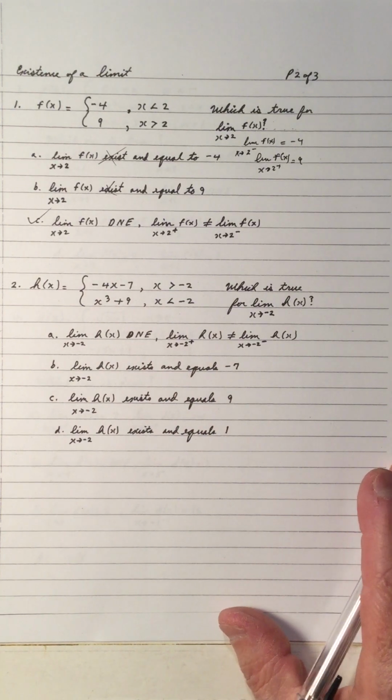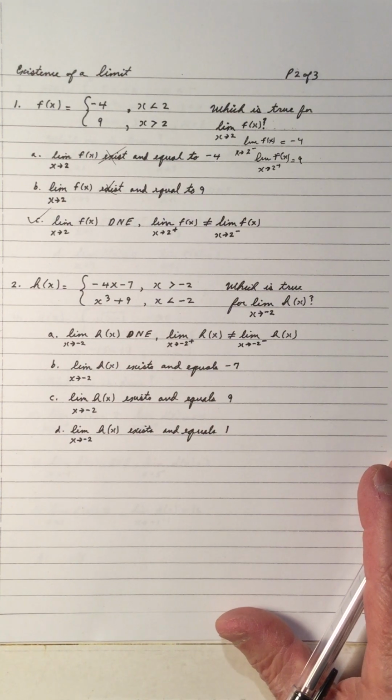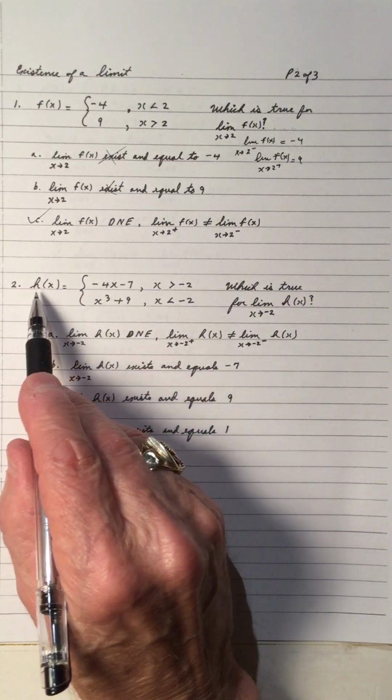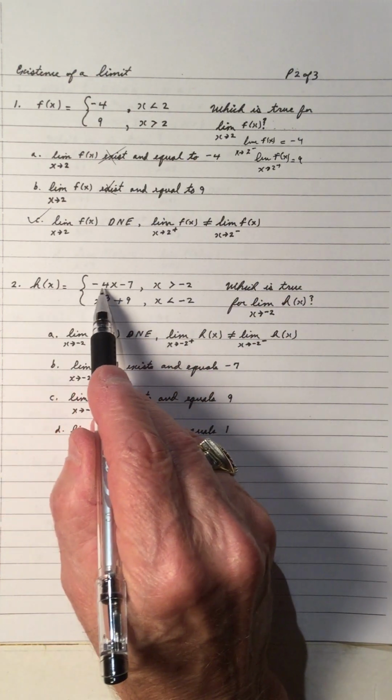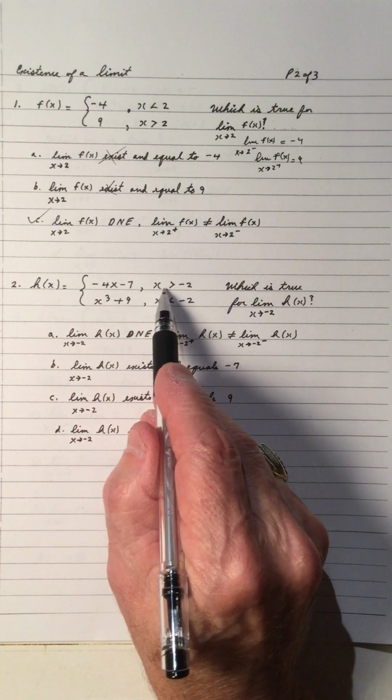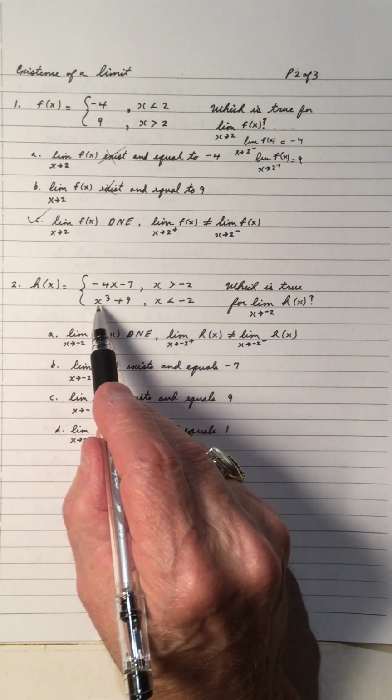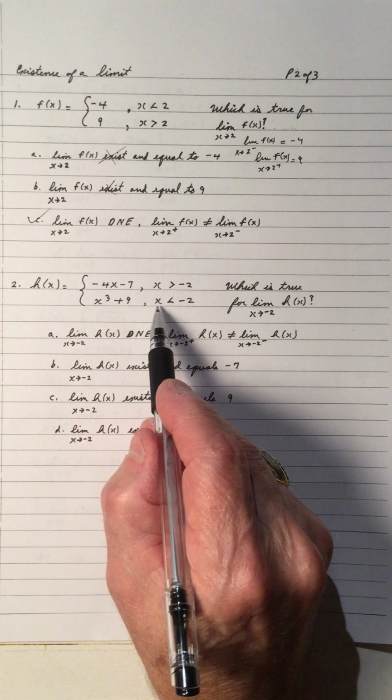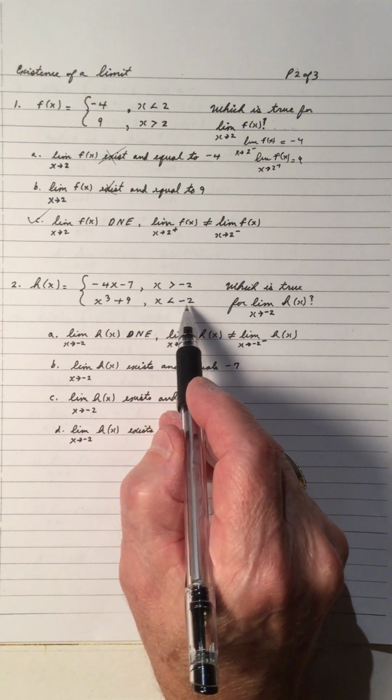Again, I made up some multiple choice questions just to have different style questions. And number 2, h of x equals 4x minus 7 when x is greater than -2, and x cubed plus 9 when x is less than -2.